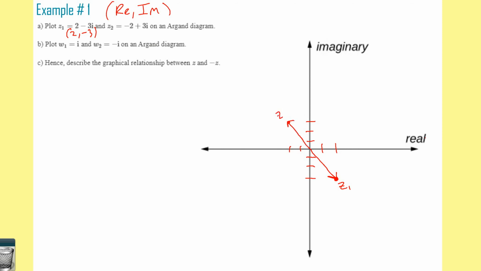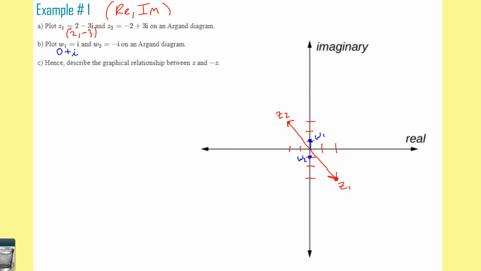That's Z2. Then plot W1 and W2. W1 is just imaginary, so 0 for the real. That would be 0 plus i, so (0, 1). That's W1. And W2 is at negative i, so right there, W2.